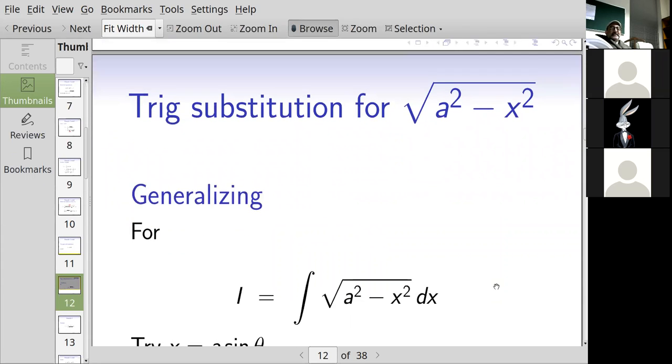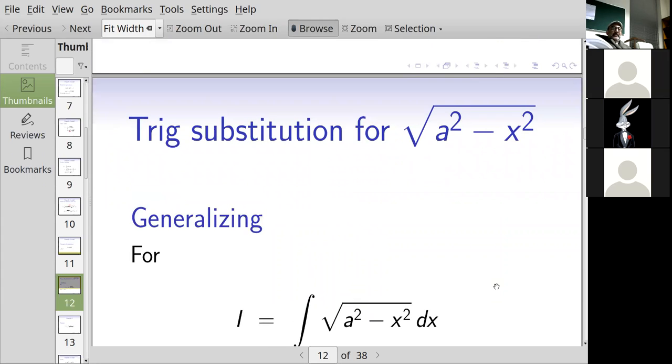Supposing I have I is equal to the integral of root of a squared minus x squared dx. Right? I know how to handle root of 1 minus x squared dx. How could I handle root of a squared minus x squared dx?